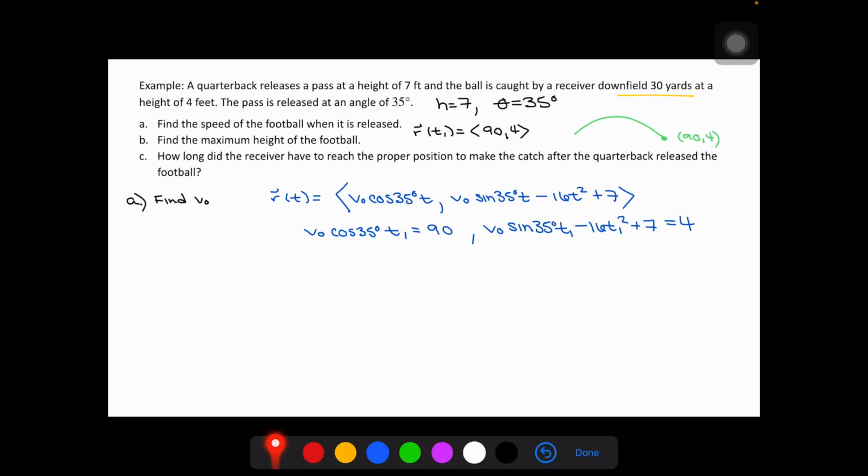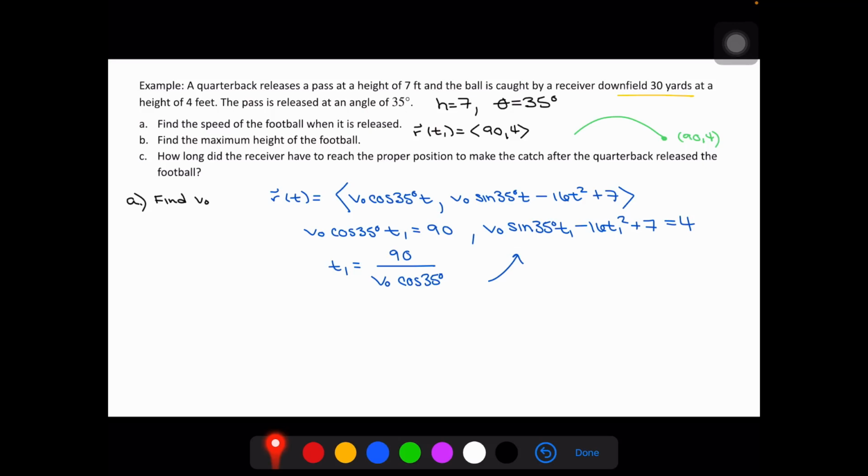And so that basically allows me to write a system of equations. I have 2 equations with 2 unknowns, and so this is something I can solve. And I'm going to go ahead and use the substitution method to solve this. So I'm going to take my first equation, and I'm going to solve it for one variable. It doesn't matter which variable you solve it for.